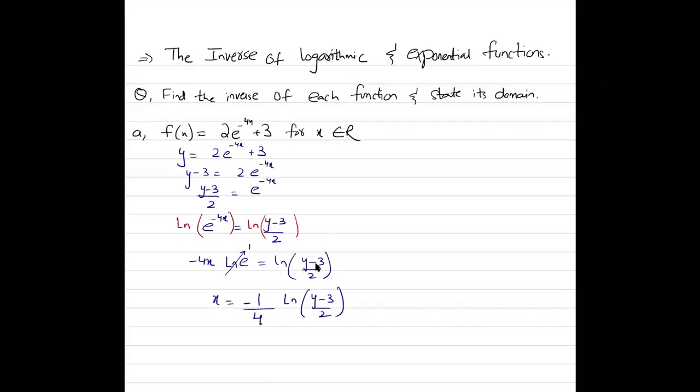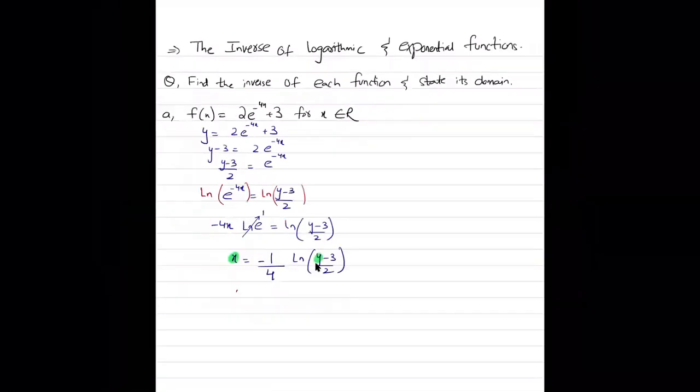Once you have made x the subject, you are going to replace x and y. Interchange them. So y is going to be equal to minus 1 upon 4 ln of x minus 3 over 2.